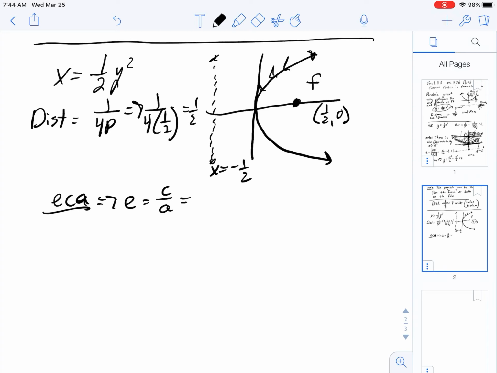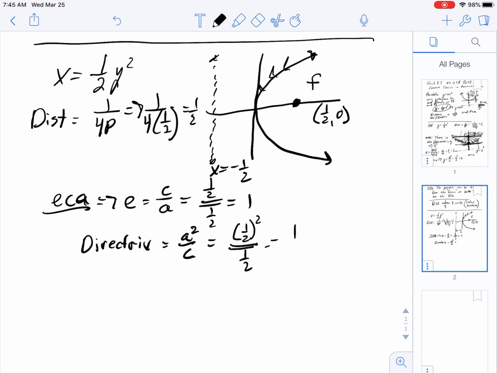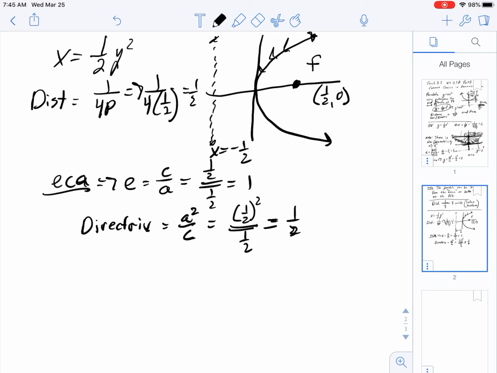On a parabola, my a and c are the same, so you have 1/2 divided by 1/2, which is 1. No big deal there. But let's look at my directrix, and this is where Ika helps. My directrix is going to be a squared over c, which means 1/2 squared over 1/2, which gives me 1/2. That's going to become valuable later on.